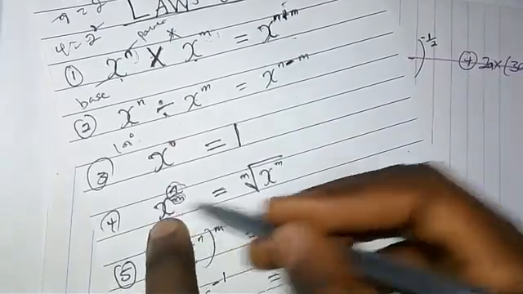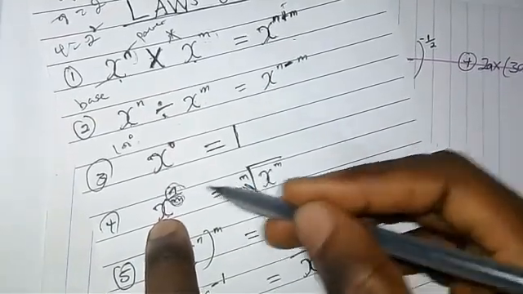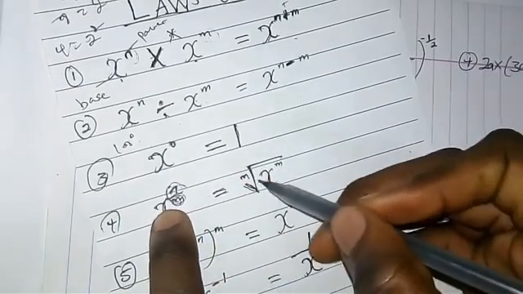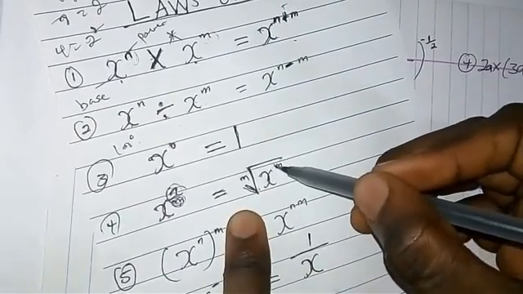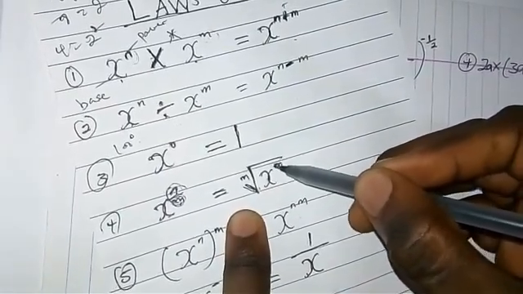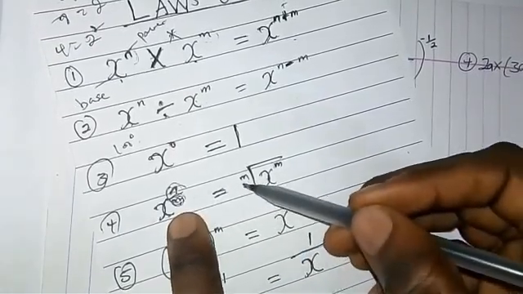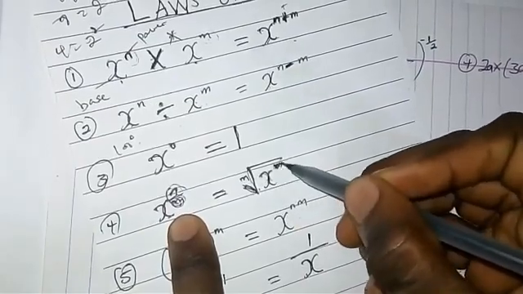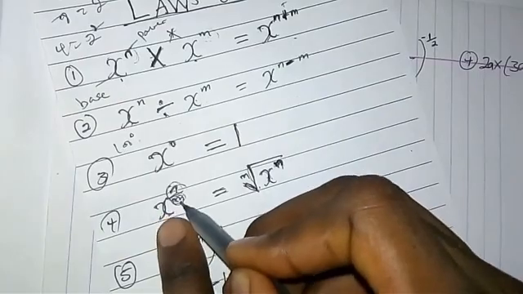Bring down your x and make sure it is the denominator, not the numerator, that creates the root, and the numerator will be the power. That's why I said the m-th root of x raised to the power of n.